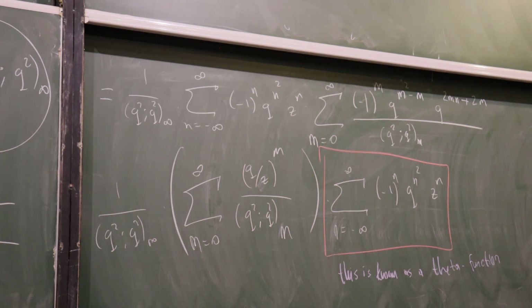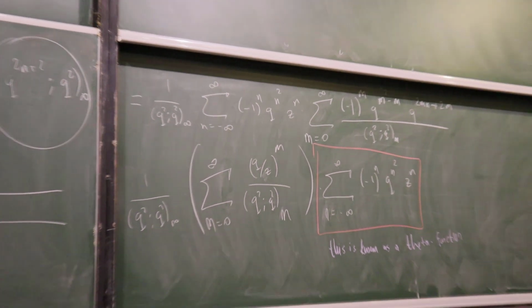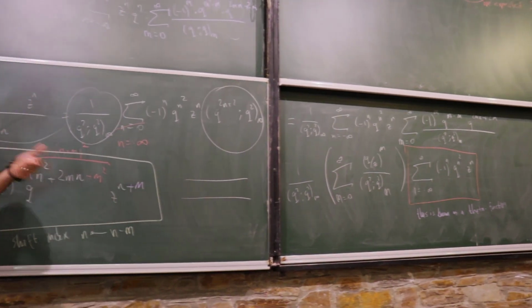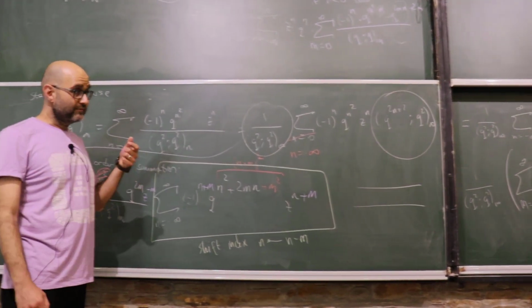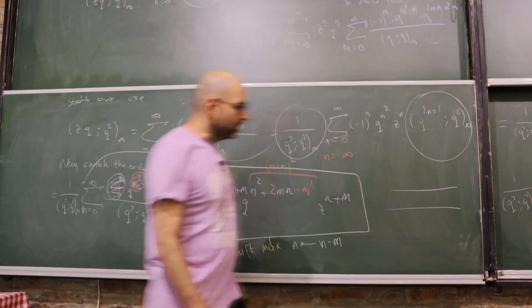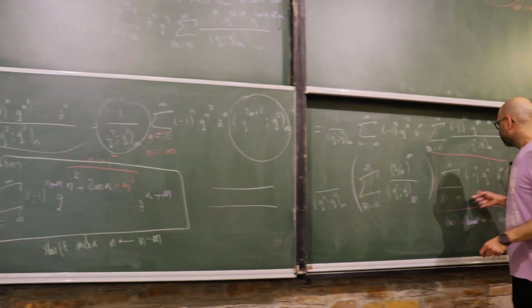Of course, you need to worry about convergence when you write a geometric series, because the series will converge if you go one way, but diverge if you go the other way. Remember Zof's talk in the morning, you have to go in a single direction. But when you have square powers, you can include both directions. Of course, there are deeper mathematical reasons for writing theta functions this way, but one way to remember theta functions is that you have quadratic exponents instead of linear exponents. Anyway, that's our theta function.